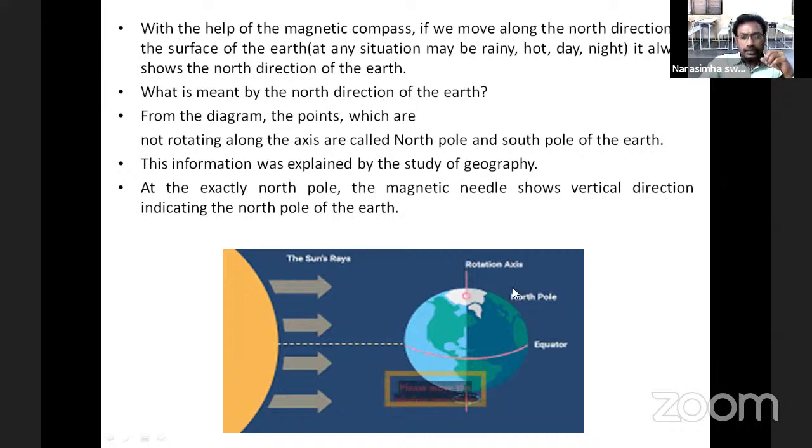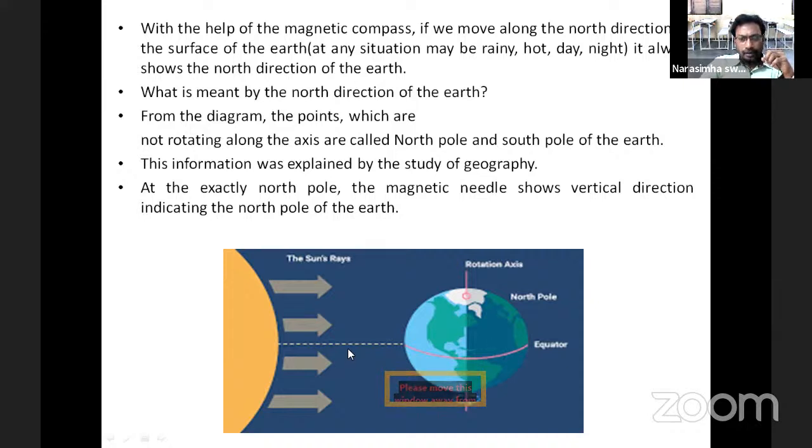Look at this picture here. The yellow ones are sun rays which are incident on the Earth here. Where the light rays are incident, that area is day, and the other side is night.